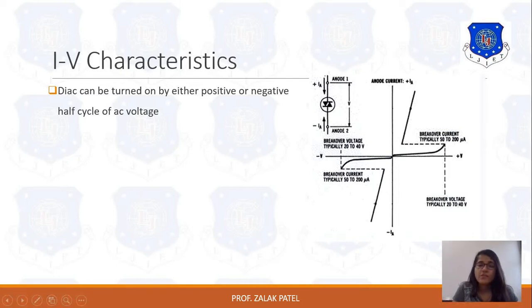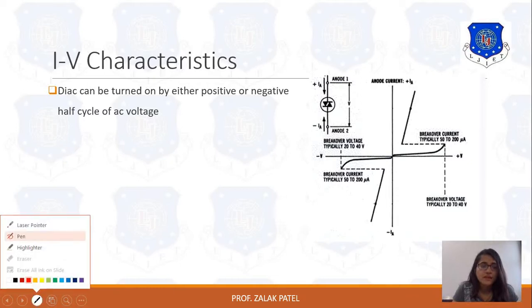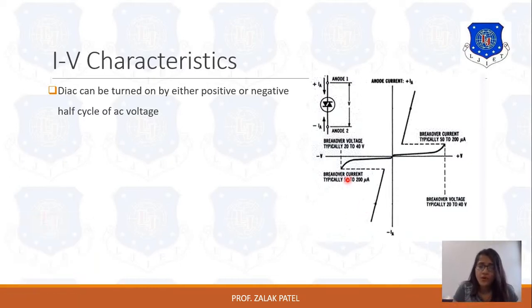For the first quadrant, terminal 1 is greater than terminal 2, means MT1 is greater than MT2, because here we mention anode 1 and anode 2. That's why when MT1 is greater than MT2, it operates in the first quadrant. If MT1 is less than MT2, then it operates in the third quadrant.